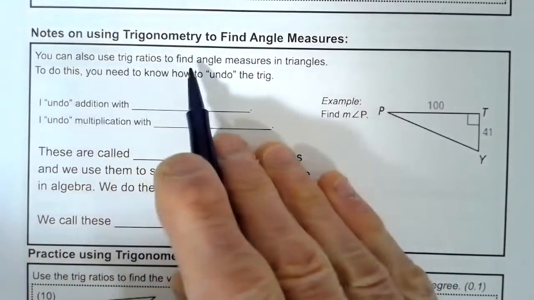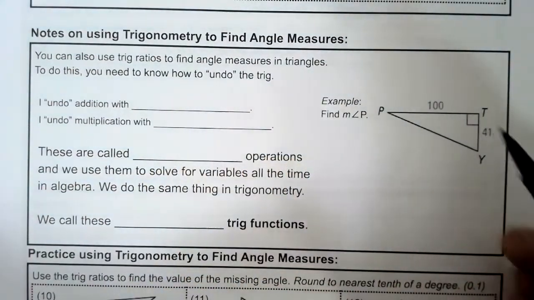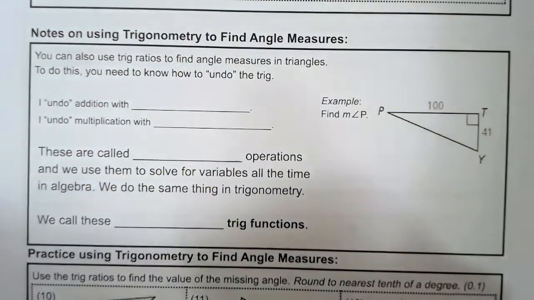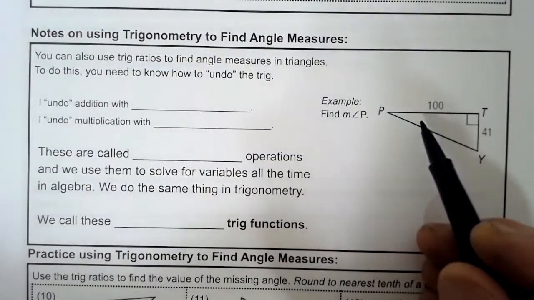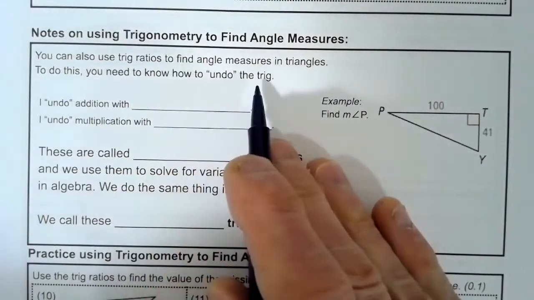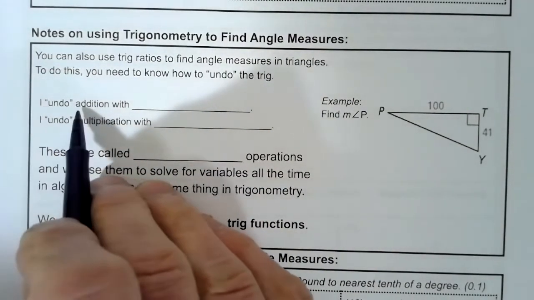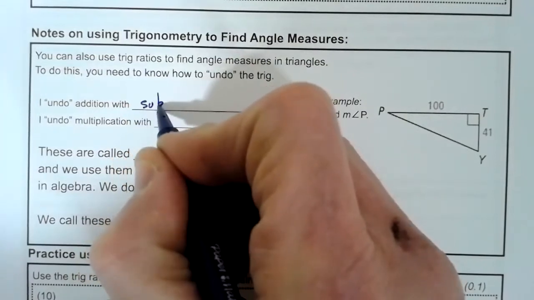You can also use trig ratios to find angle measures in triangles. Before, we were just finding the side measures, but now we're going to find the missing angle measure using those trig ratios. So how do we do that? Well, you need to know how to undo the trigonometry to find that angle. I undo addition with subtraction.